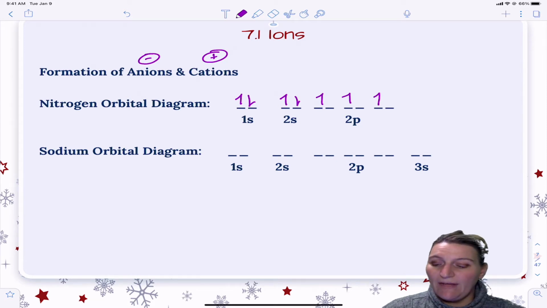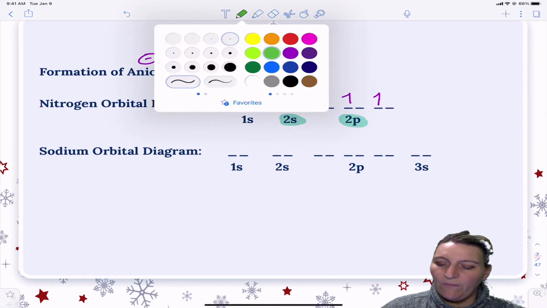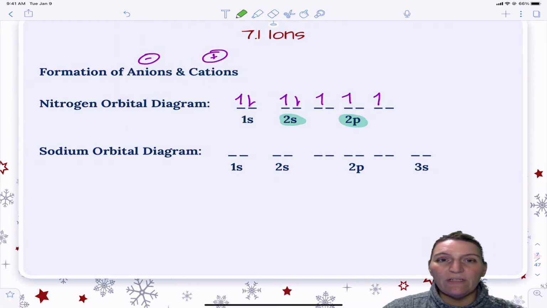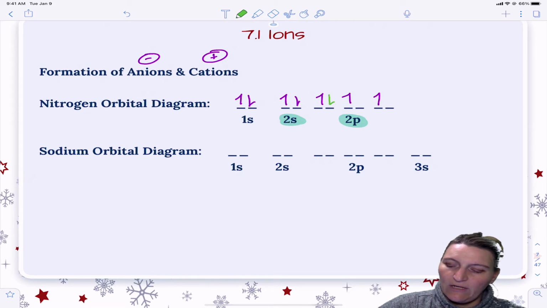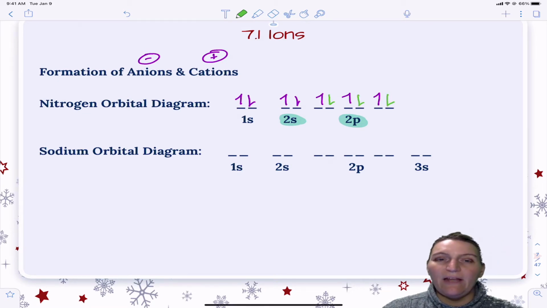In order to get that outermost energy level full, that would be these 2 sublevels, what nitrogen is going to need to do is gain 3 electrons. So I'm just going to write those in a different color, just so that we understand that its normal valence electrons end in 2p3, it adds 3 electrons, and now it ends in 2p6, so that's nice and stable.